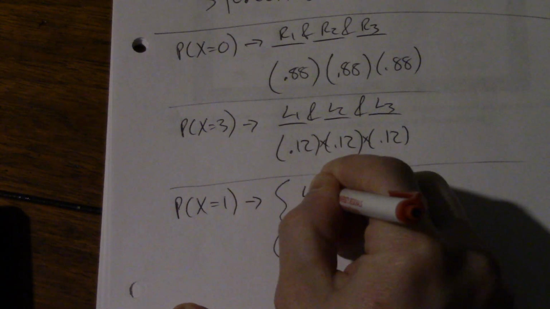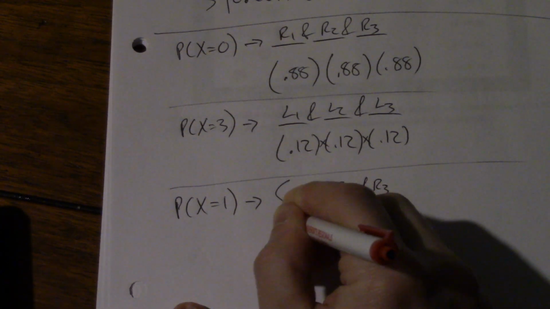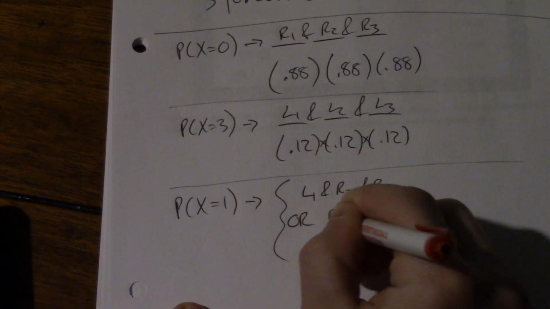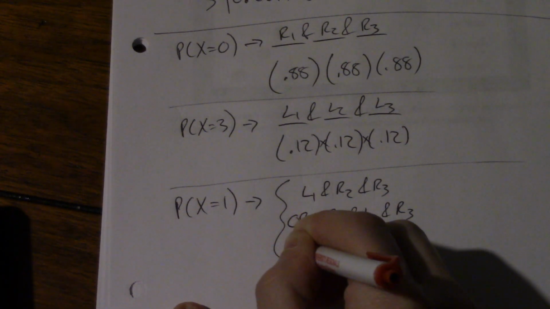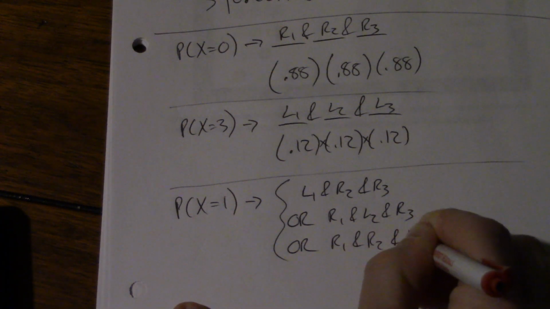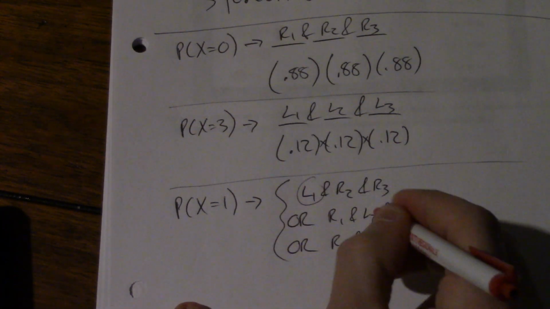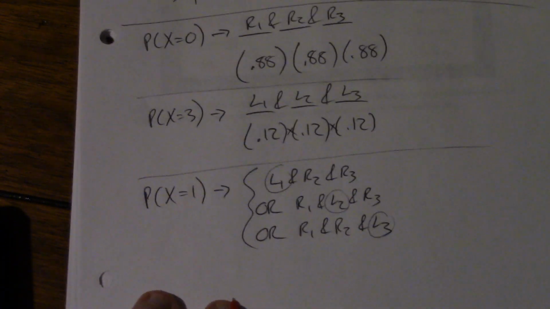So we have left and right and right, or right and left and right, or right and right and left. So he could be the first person, the second person, or the third person. And the other 2 have to be right-handed.